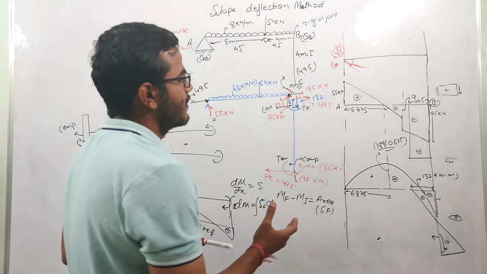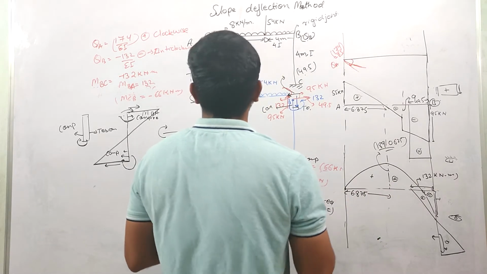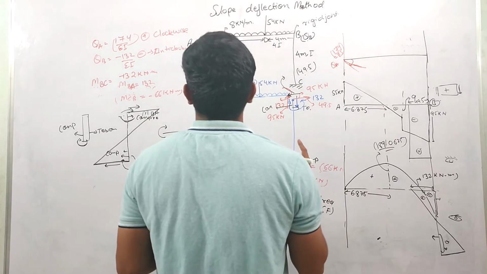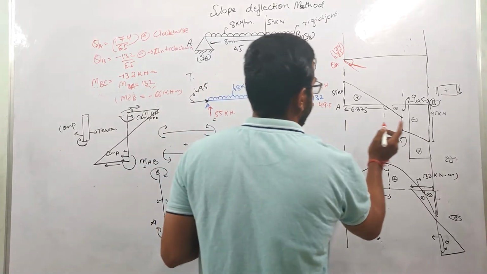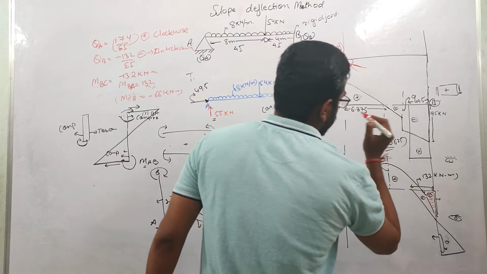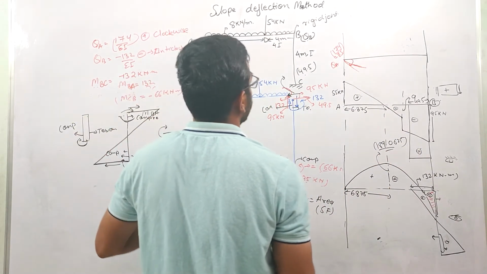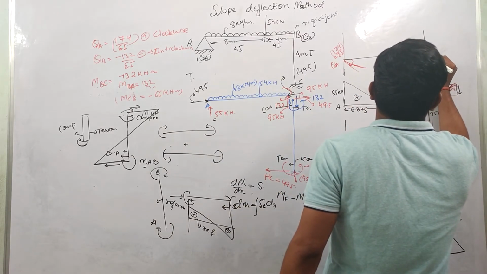Now you can see that this complete portion is under sagging, okay? And at B there is hogging, you can see from this diagram, there is hogging, okay? And the rotation at B is anti-clockwise, okay? So when there is hogging, it will bend like this.